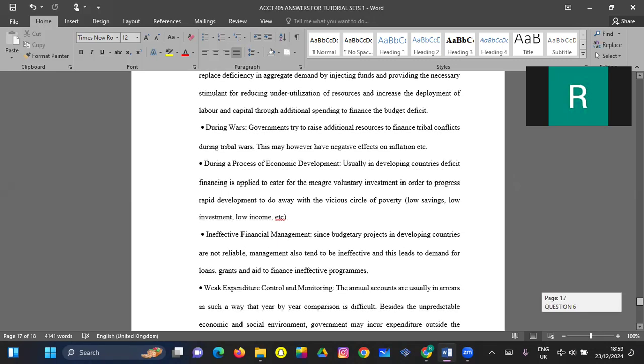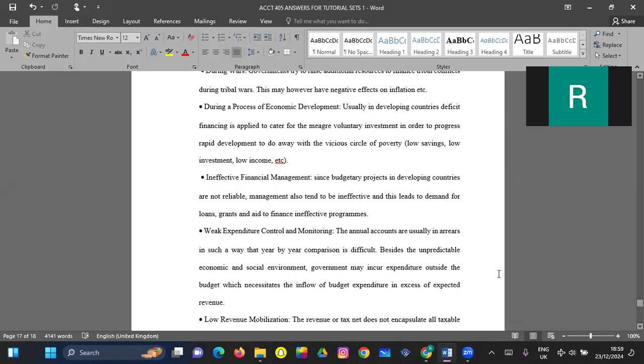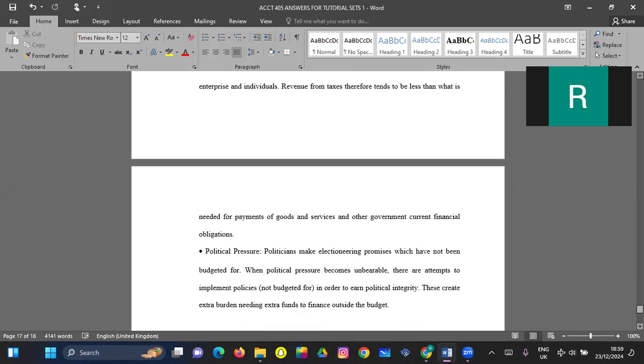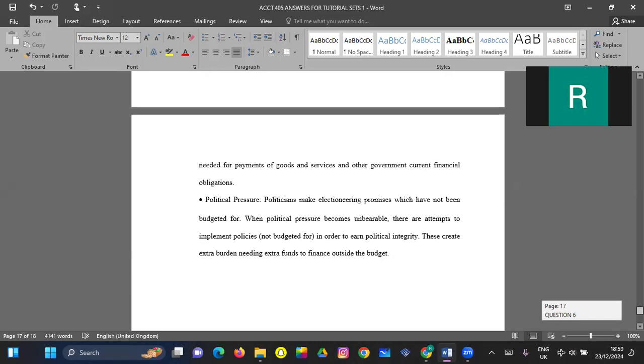Then ineffective financial management is also a cause, with weak expenditure control and monitoring, and then low revenue mobilization. Then the final is political pressure. When there's political pressure, it also tends to cause deficit financing, right?